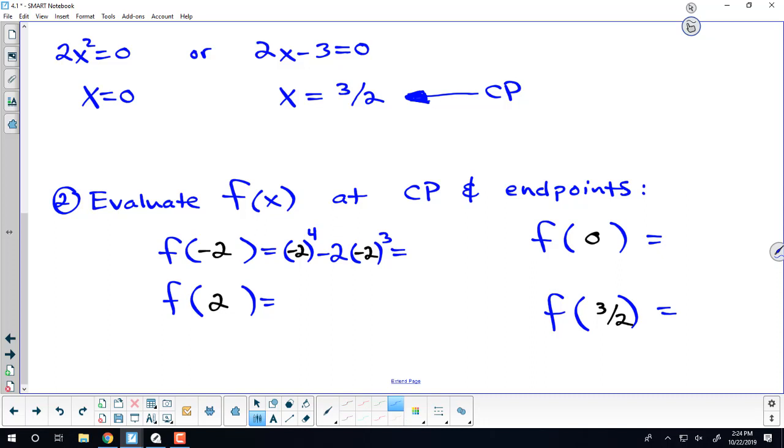Okay, so f of negative 2, you should get that to come out to be 32. F of 2 is 0. F of 0 is 0. And f of 3/2 is negative 27 over 16.